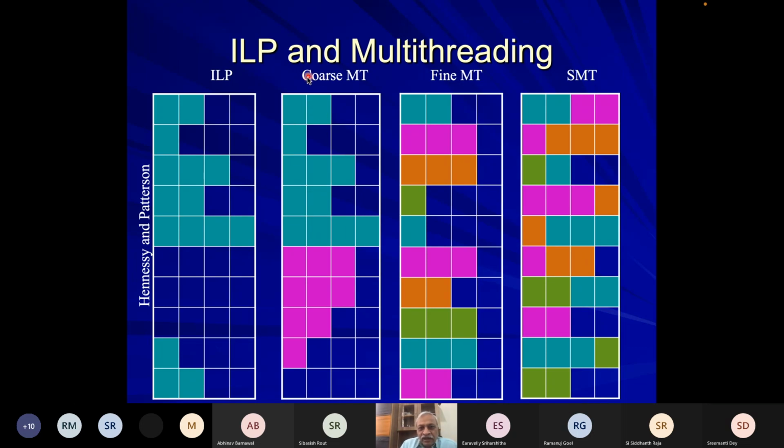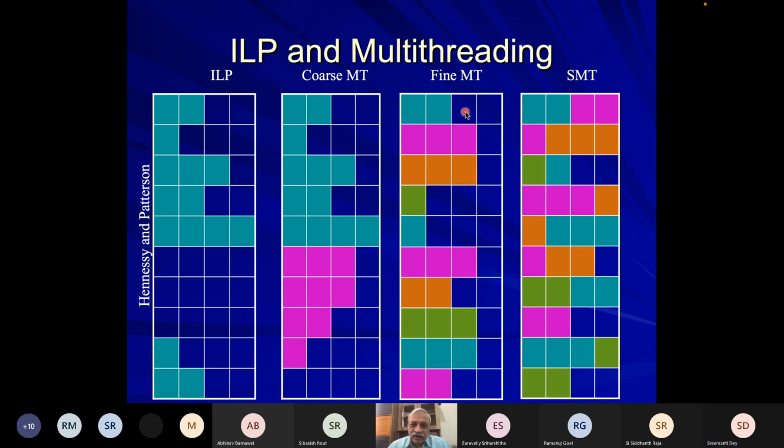If you look at the next one, this is coarse multi-threading, where if a thread gets held up in something like a cache miss, you can switch to another thread, depending upon how much time is required to switch. You will do that only if the stalling which is happening is commensurate with that.